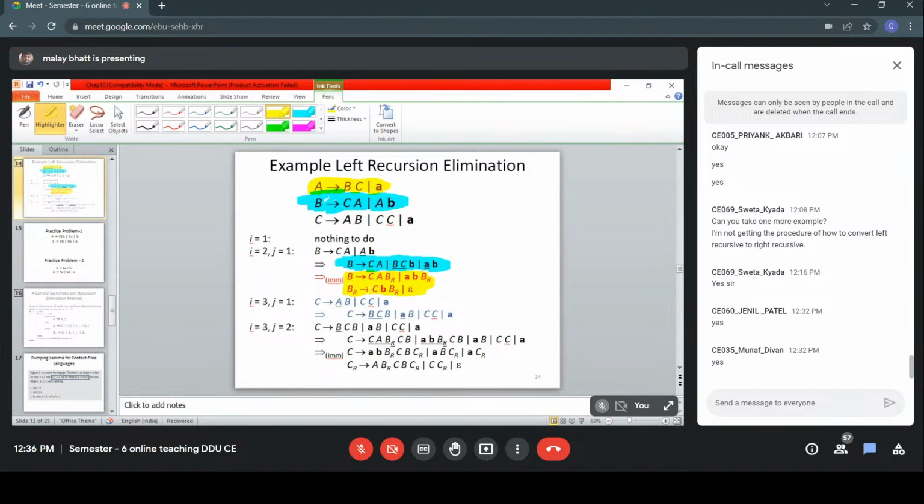So here we have done. Now when we reach rule number 3, we have two previous rules. That is what we are doing, AB or CC or A. So I will replace A with this. I am doing a replacement with non-terminal A, and we are getting this.